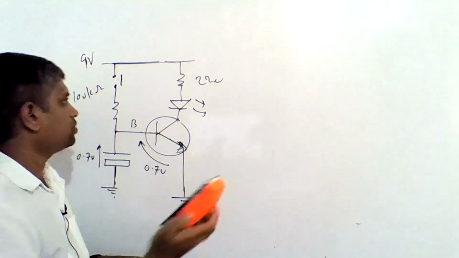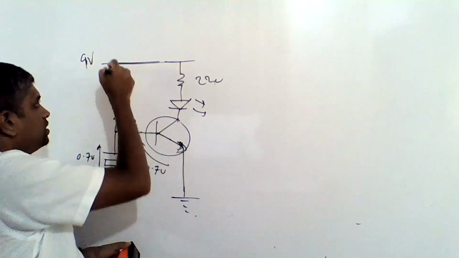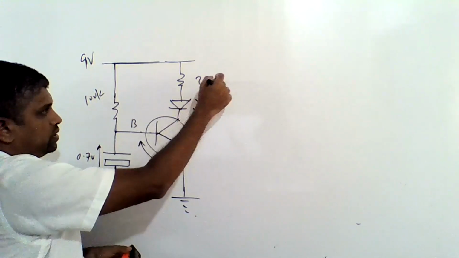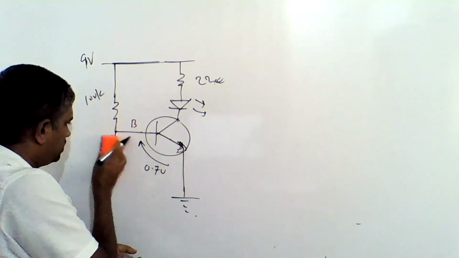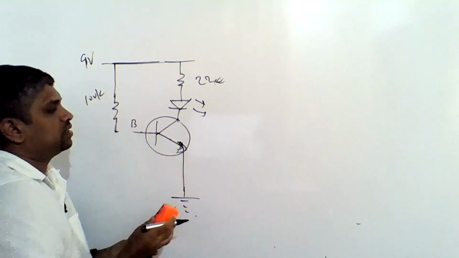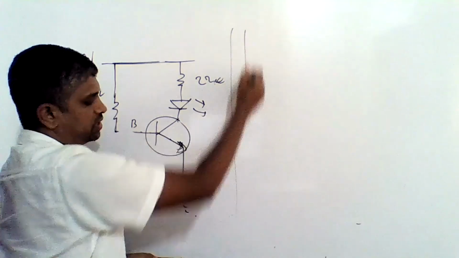So initially, what you have to do is construct this simple circuit. Okay, this is 100K, 220 ohms resistor, LED. This capacitor is not required in this case. Okay, so you have to construct this circuit. Right? You have to construct two such circuits on the breadboard.